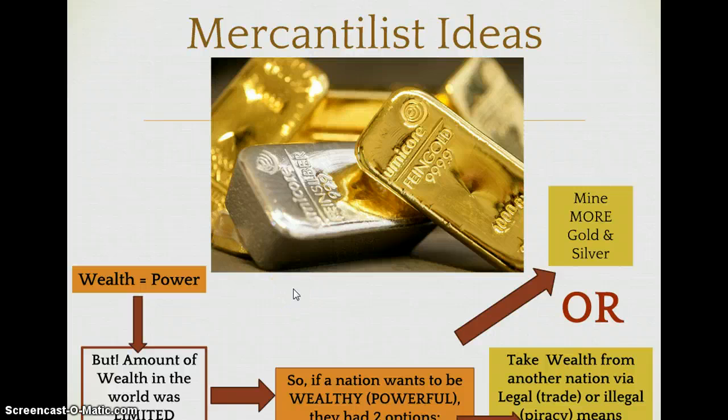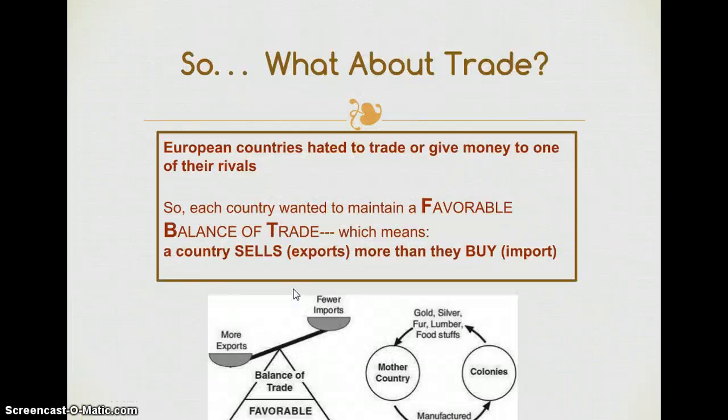Okay, so we got that. So what about trade? So European, you can write this in the bullet point here, European countries hated to trade or give money to one of their rivals. So they didn't want to trade with Spain and give them more money. So they tried to do something called a favorable balance of trade.